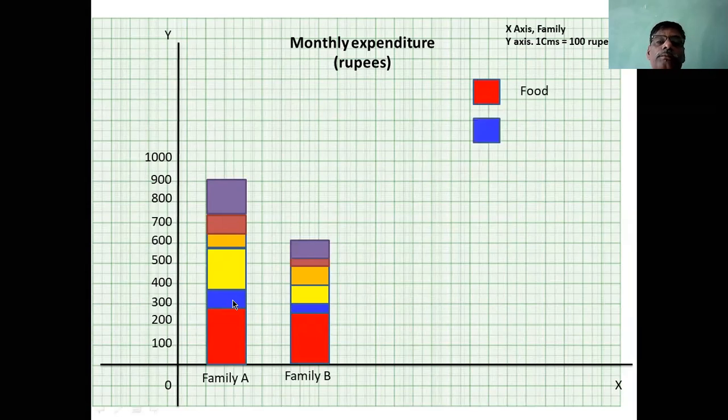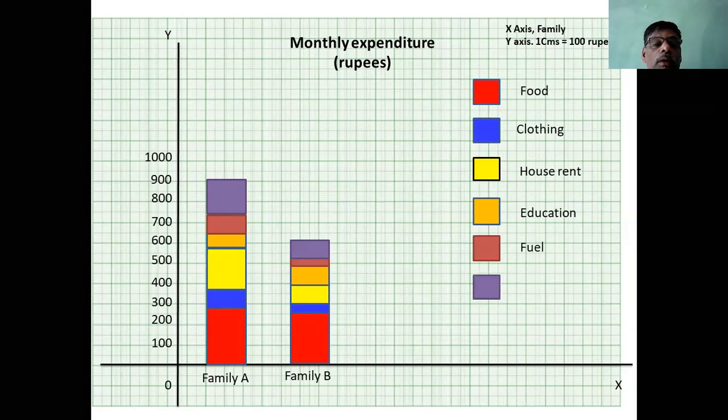The second value, blue, is clothing. Then yellow, house rent. Then dark yellow, education. Then chocolate color, fuel. Then purple, miscellaneous. Okay, like this you have to set the diagram.